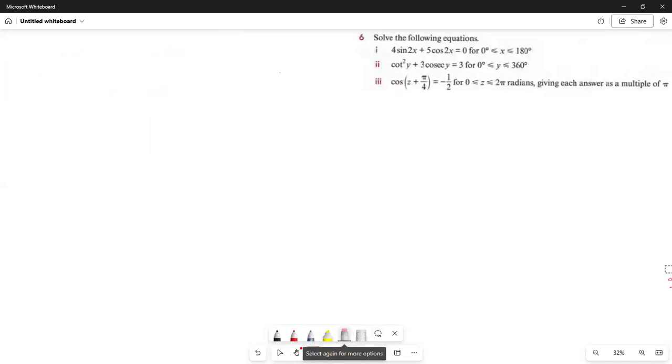Question part 3 is fairly easy. It says that we need to solve cosine of z plus pi by 4 equals minus 1 by 2. So you can see that z plus pi by 4 would be cos inverse of minus 1 by 2.